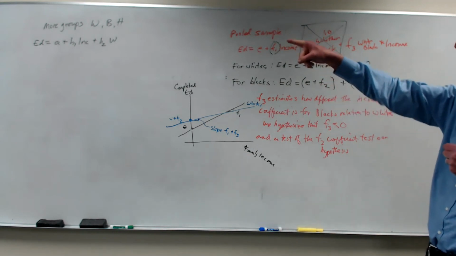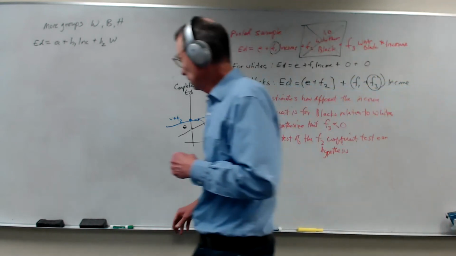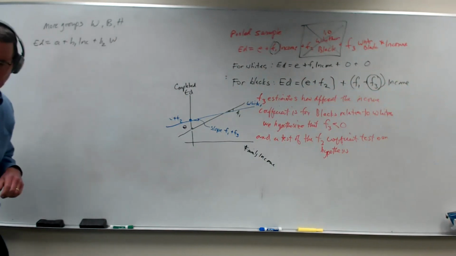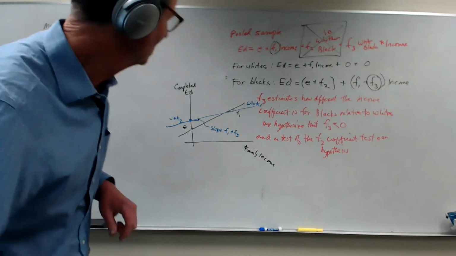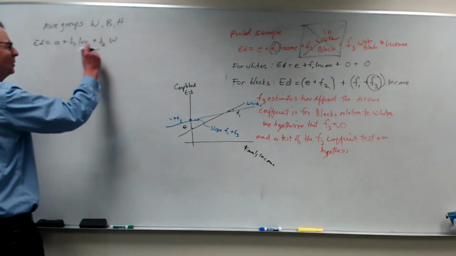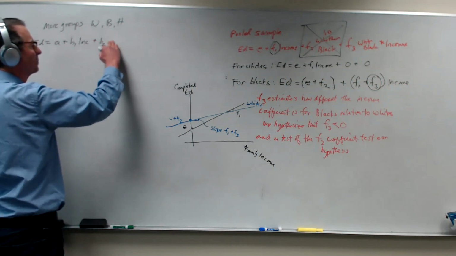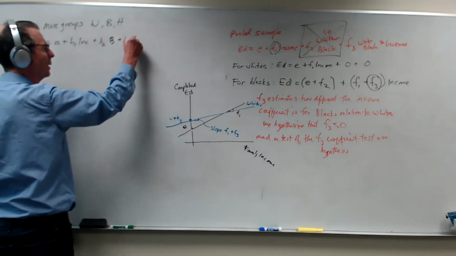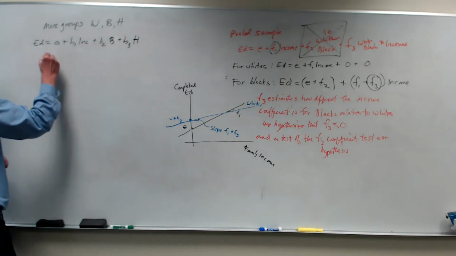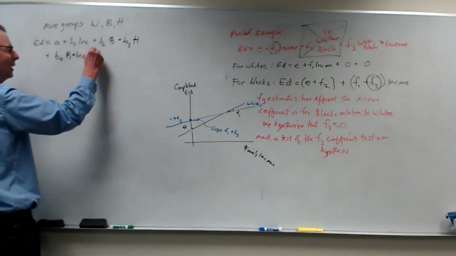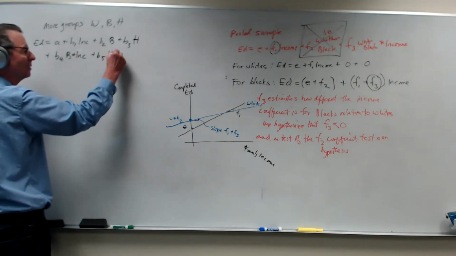I was starting to write up what happens when you've got more than 2 groups: whites, blacks, and Hispanics. I probably don't even need to go through all this. You want the income coefficient, you want a main effect for blacks, you want a main effect for Hispanics, you want an interaction term for black times income, and an interaction term for Hispanics times income.